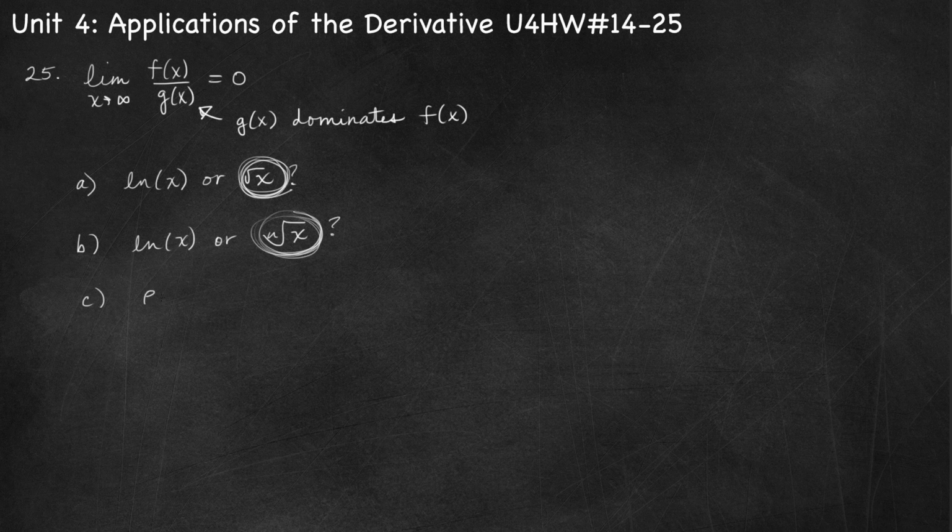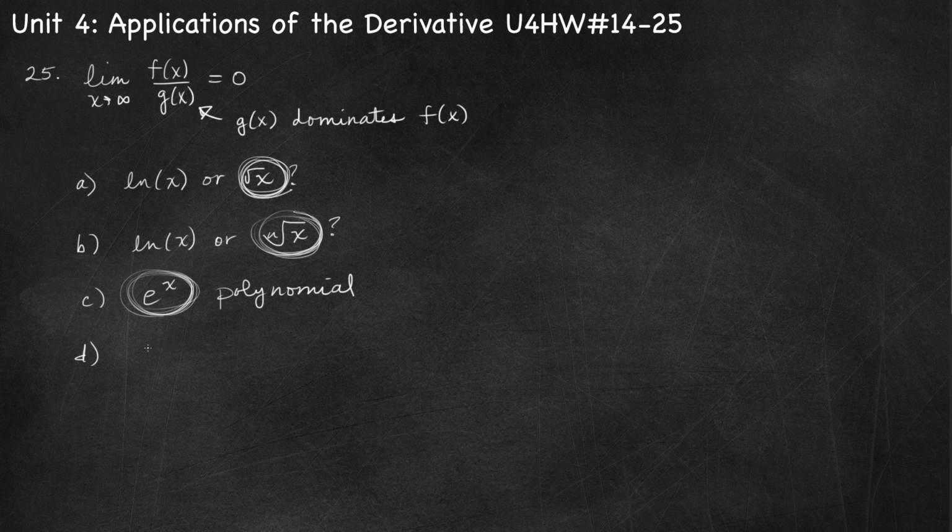Part C, explain why e to the x will dominate any polynomial. Well, e to the x, in the long run, for large enough values of x, is going to grow at a faster rate than any polynomial will. So e to the x would dominate a polynomial for large values of x.